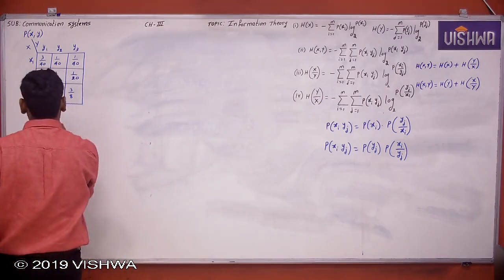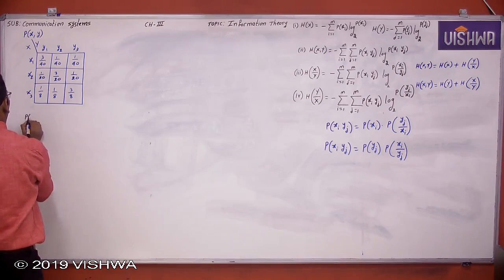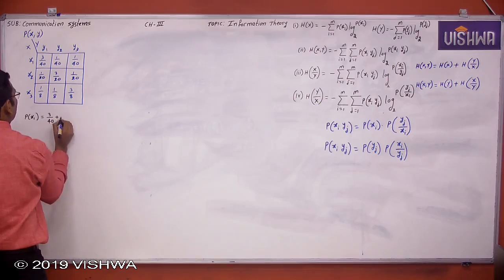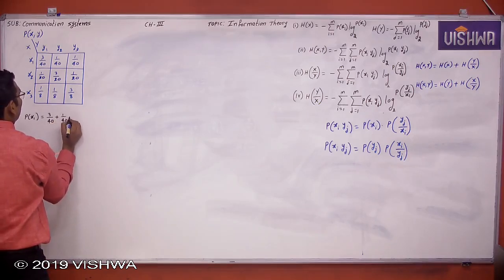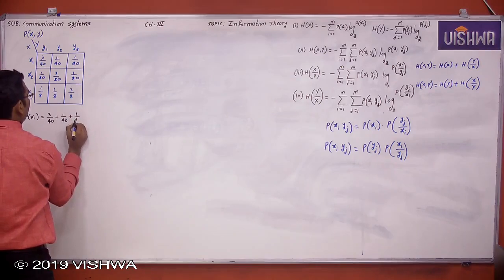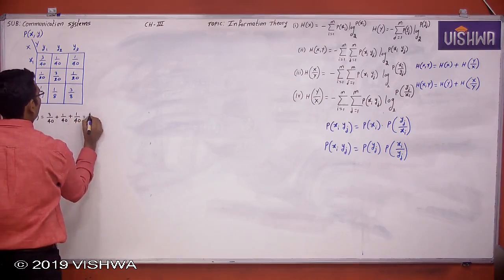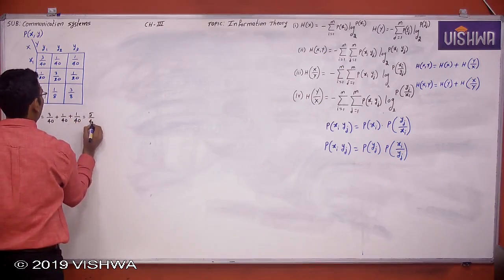So first you can find p of x1. What is p of x1? P of x1 is nothing but 3/40 plus 1/40 plus 1/40, which is equal to 5/40.